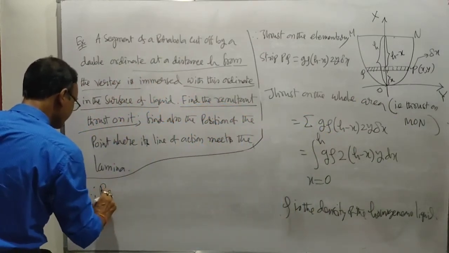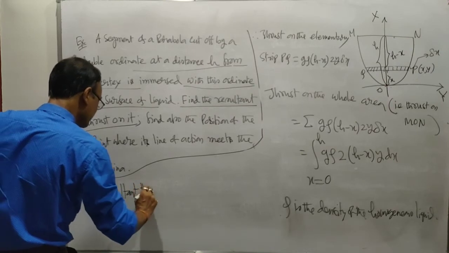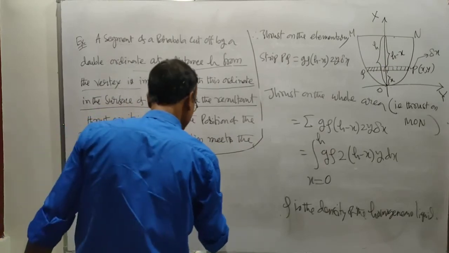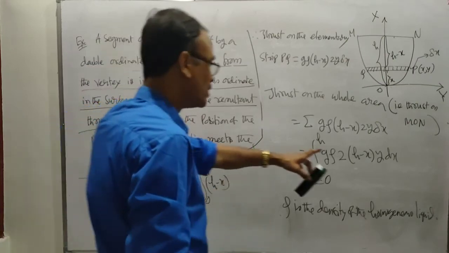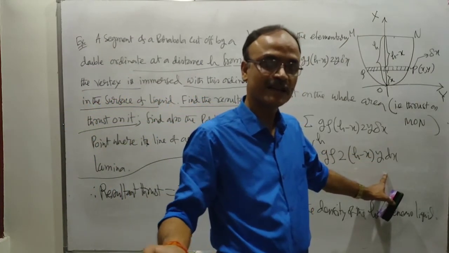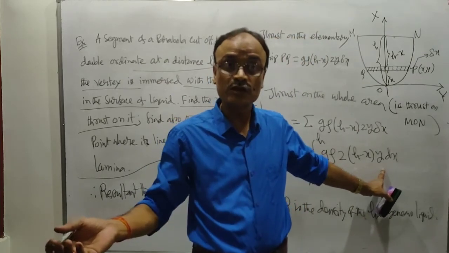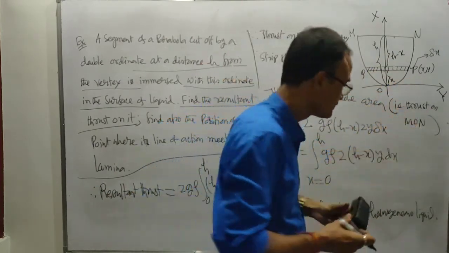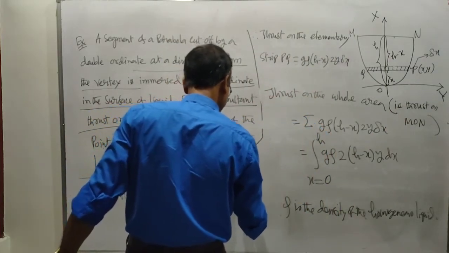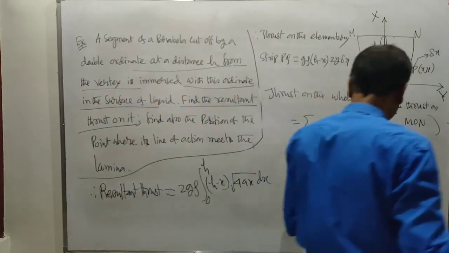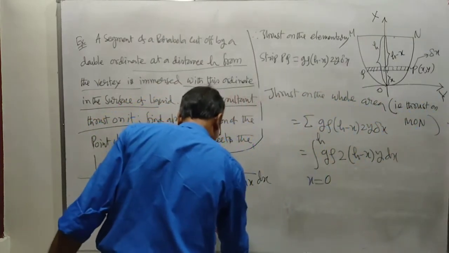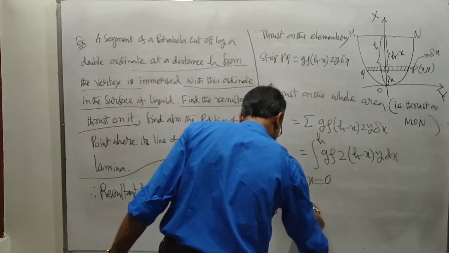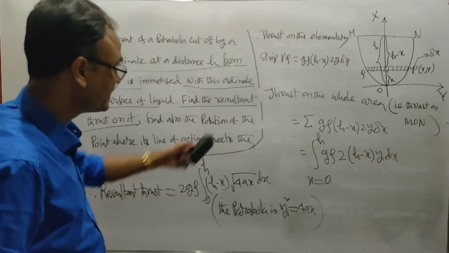Therefore, resultant thrust equals twice rho g integral from 0 to h of (h minus x) y dx. Replace y using the equation of the parabola, y square is equal to 4ax, so y is 2 root a times root x.